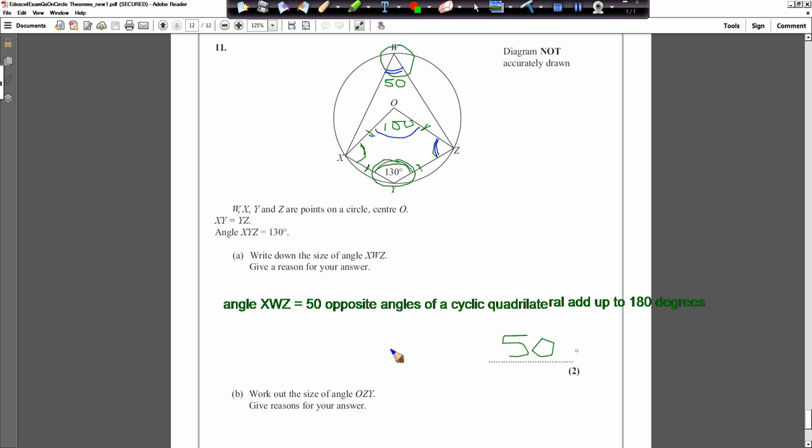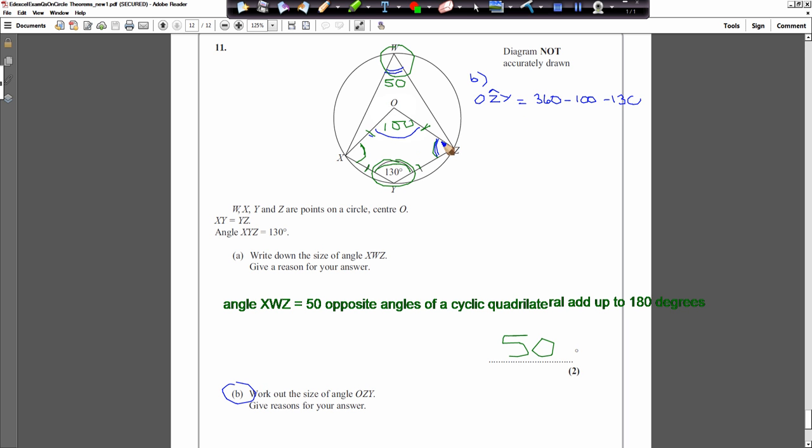So the OZY. I'm going to do this part B up here. Part B. So OZY is equal to 360, because it's a quadrilateral, minus the angles that we know, minus 100 and minus 130.